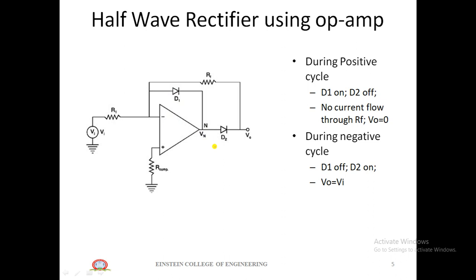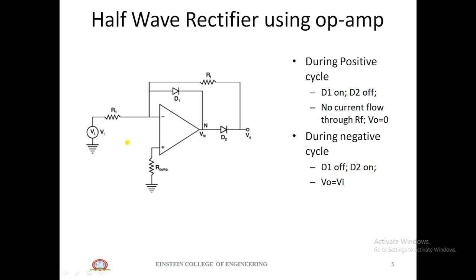Then this positive signal will get inverted and the output will be a negative signal. This negative is connected to the anode of diode 2. So diode 2 will be off. So there won't be a current flow in the feedback resistance, and the output voltage will be 0.